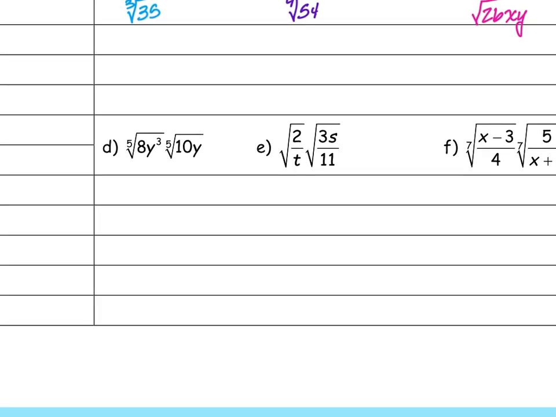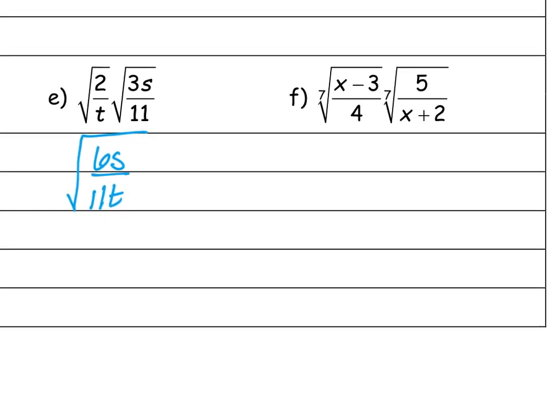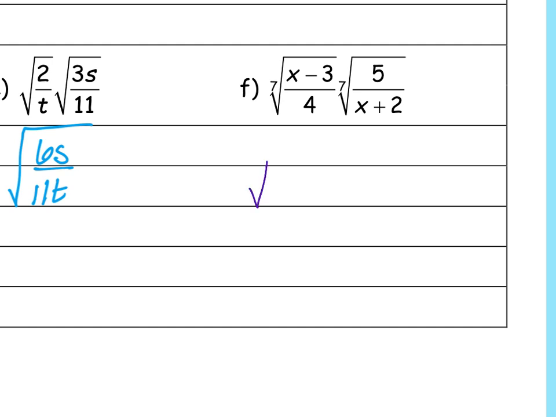The fifth root of 80y to the fourth. And then E is the square root of 6s divided by 11t. And then F should be the seventh root of 5x minus 15 divided by 4x plus 8.